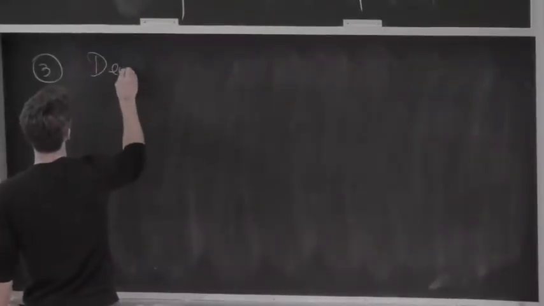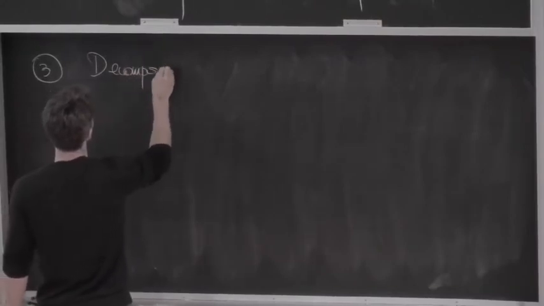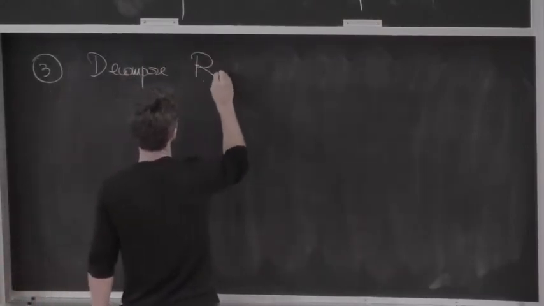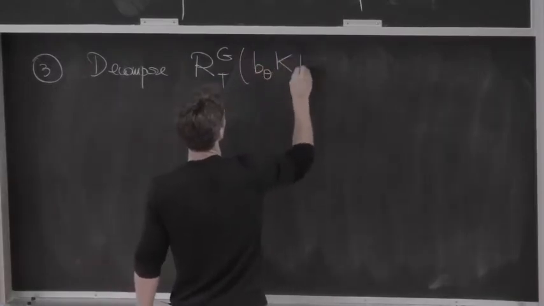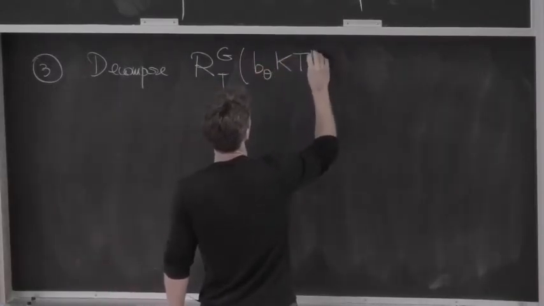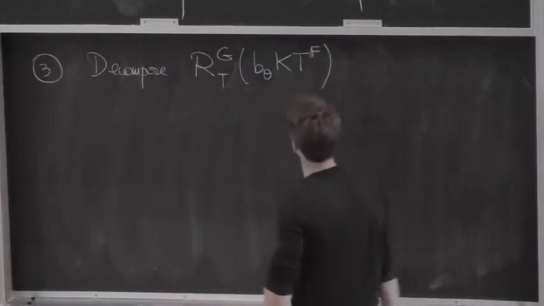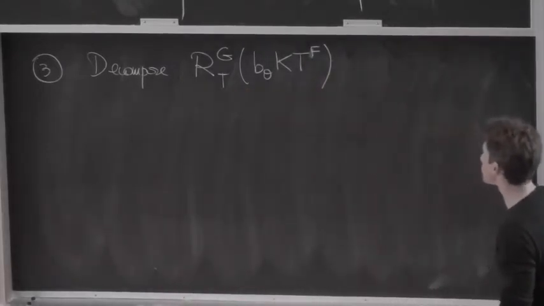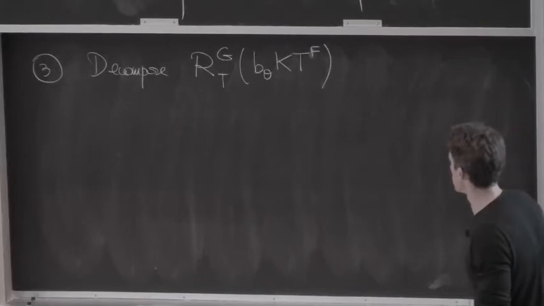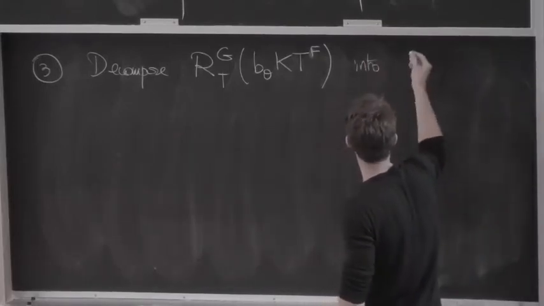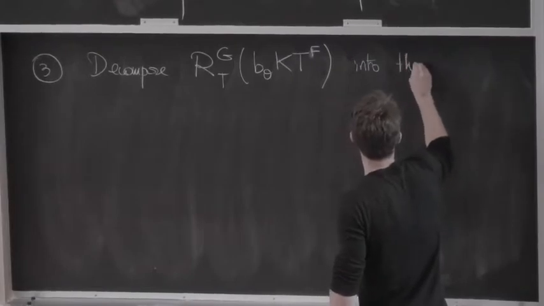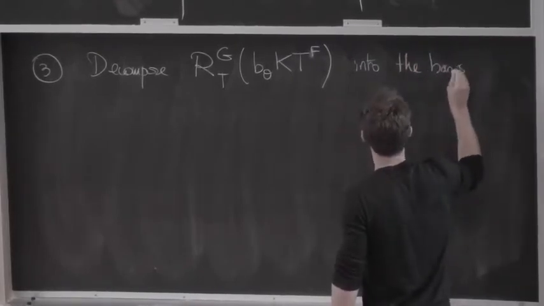What you want is, I'm going to decompose this character here. I can directly take something inside characteristic 0 and decompose it into the basis of characters of PIMs.